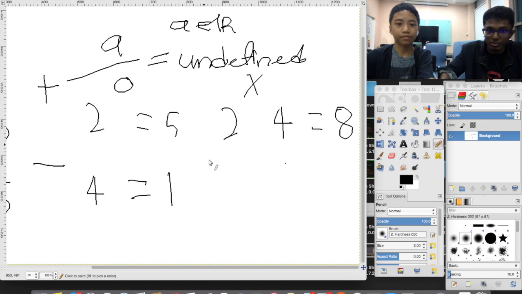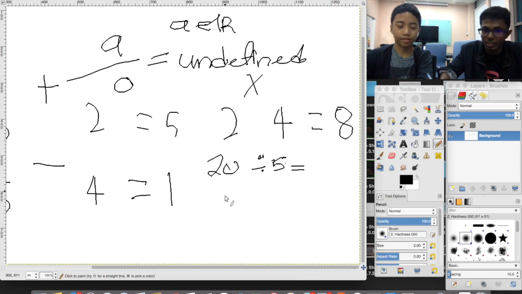So when we take a number, let's say in our example 20, and divide it by 5, what we are doing is getting the answer to how many times 5 is subtracted from 20 to get 0. So 20 subtracted by 5 once, we get 15.